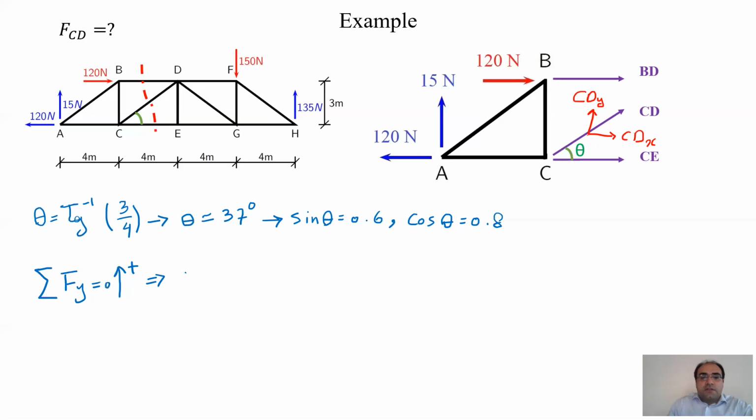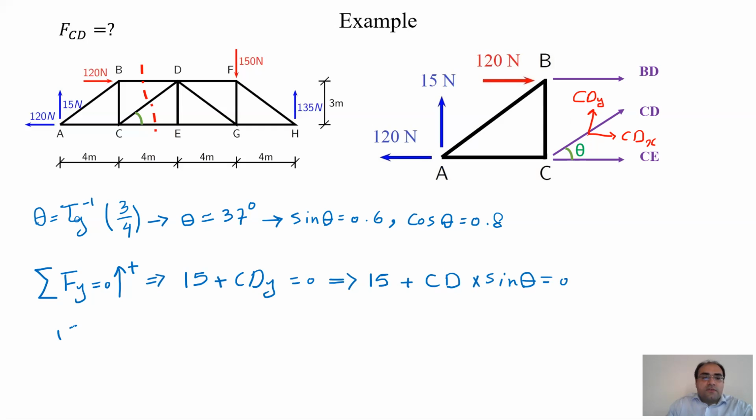I have a 15 Newton here. It's upward, so it's positive, plus CD in the y direction equal to 0. Therefore, 15 plus CD times sine of theta is equal to 0.